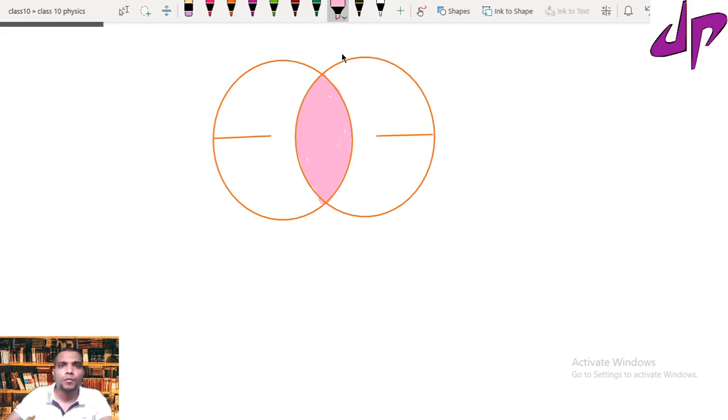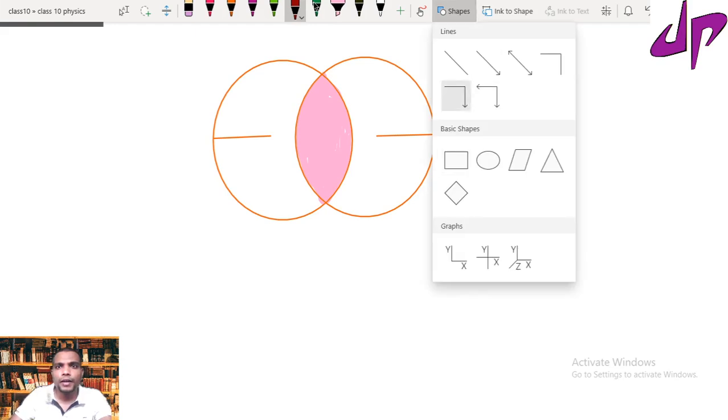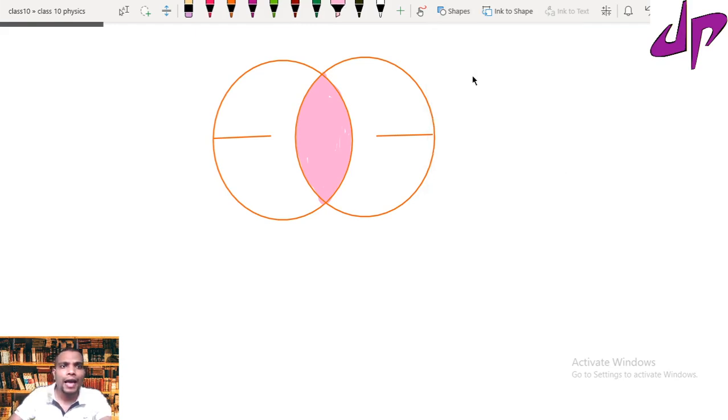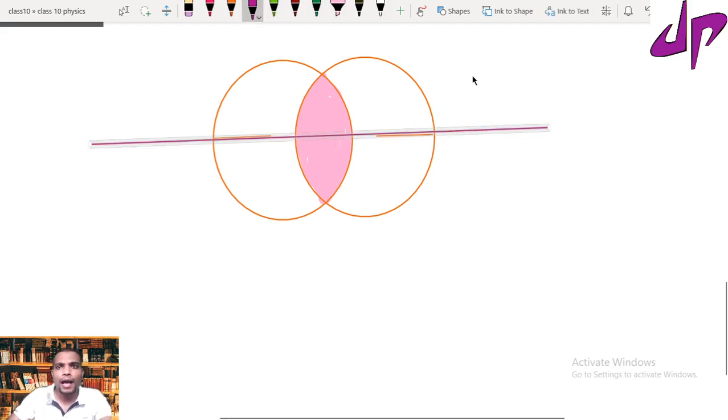Now, if I draw an imaginary line which passes through these two centers of curvature, this imaginary line we call the principal axis.